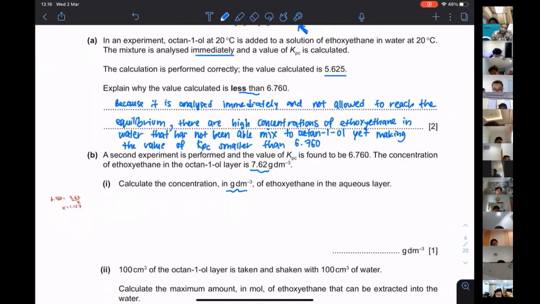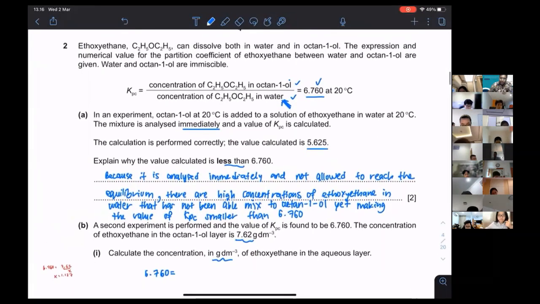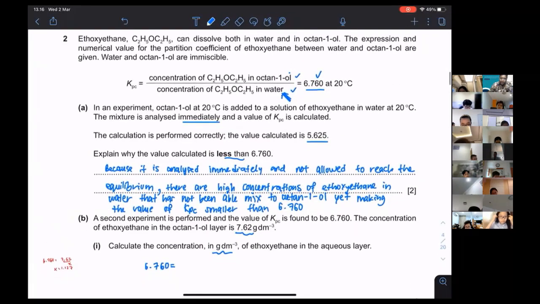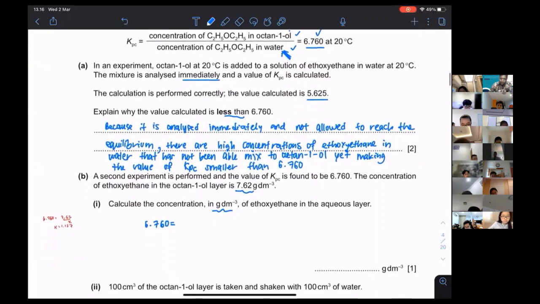I'll show you. What is important over here is that 6.760 is going to be equal to the concentration of the ethoxyethane in octane 1-ol. So ethoxyethane in octane 1-ol is 7.62, so I write down 7.62 gram per dm cube.